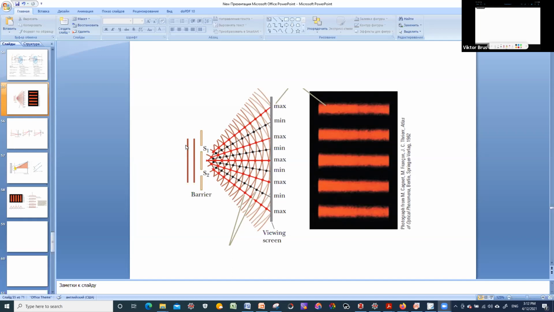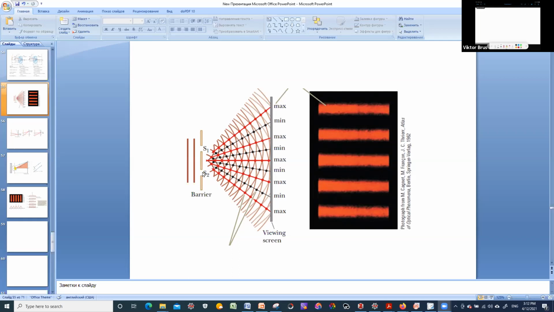Since they are located in this plane parallel to the wave front of the plane electromagnetic wave, the whole electromagnetic wave hits both slits at the same moment, and that's why these slits are considered as sources of coherent electromagnetic waves.